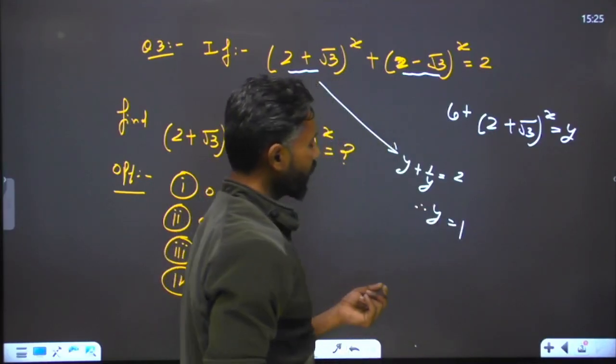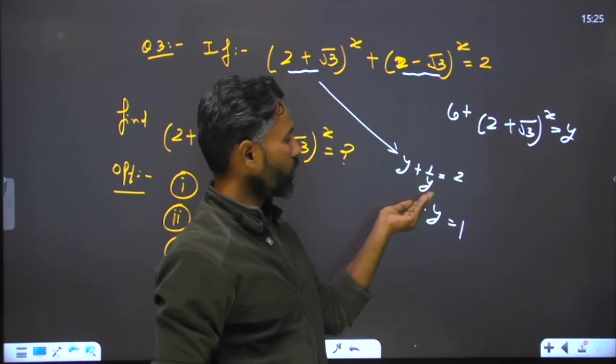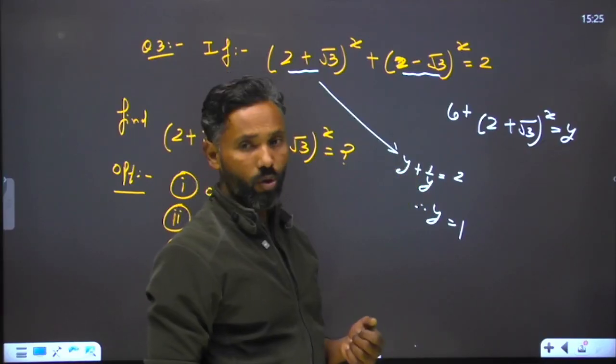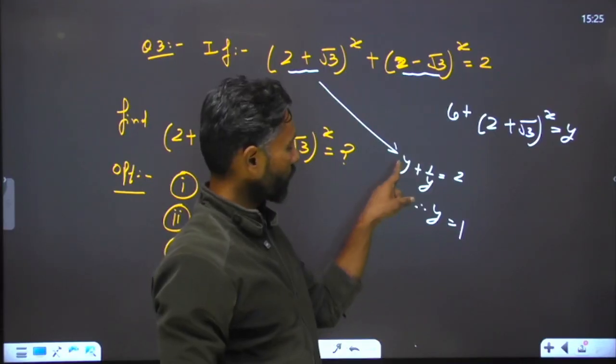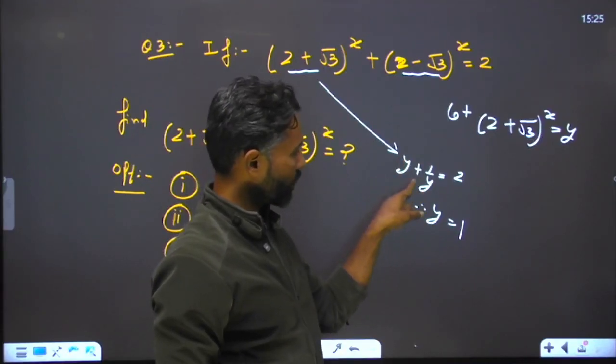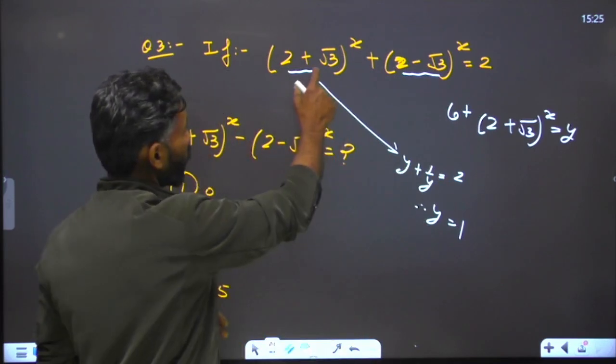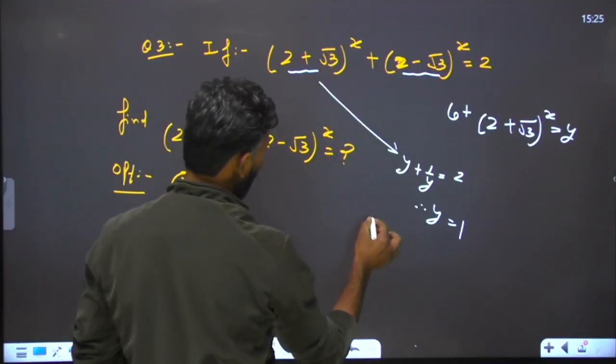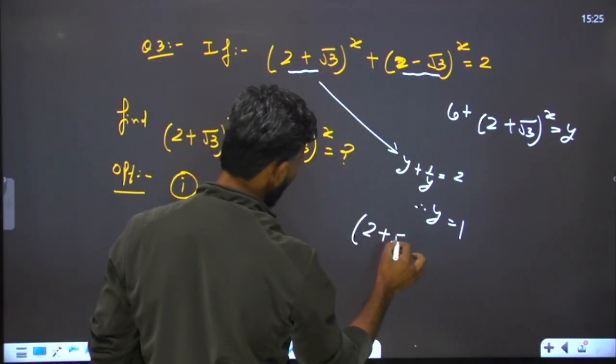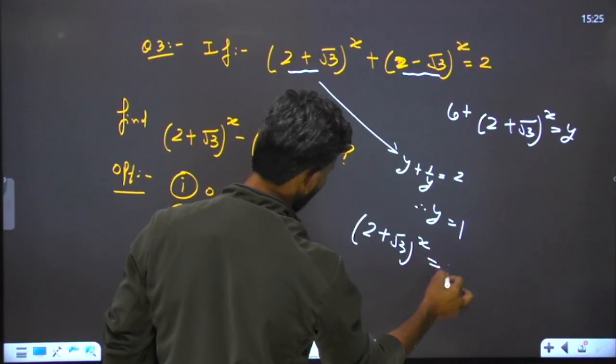You just have to think which real value can produce a result equal to 2. So I'm placing 1 here and 1 here, so 1 plus 1 equal to 2, so y equal to 1. So I'm saying that each of the terms is equal to 1. Now I can say that 2 plus root 3 whole to the power x is equal to 1.